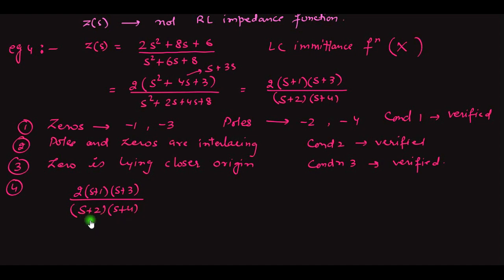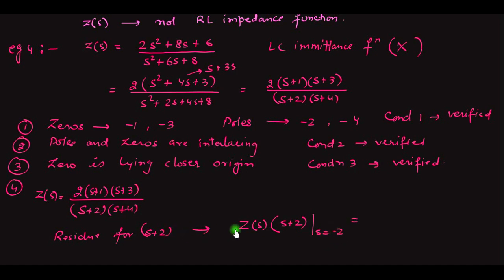We can calculate the residue at s + 2 by multiplying Z(s) with the given pole s + 2 and then substituting s = -2.